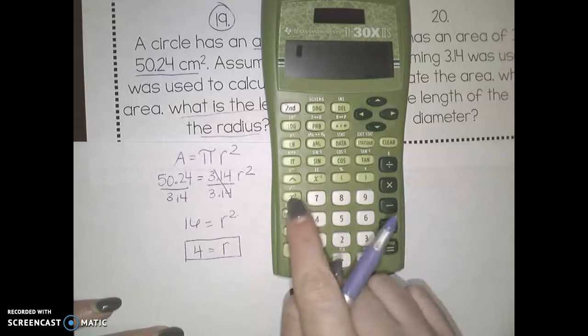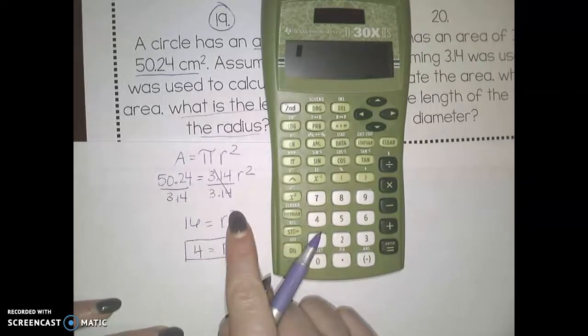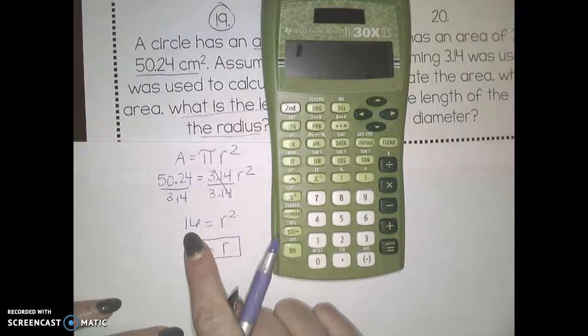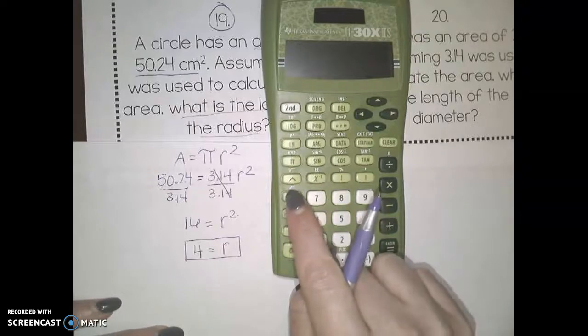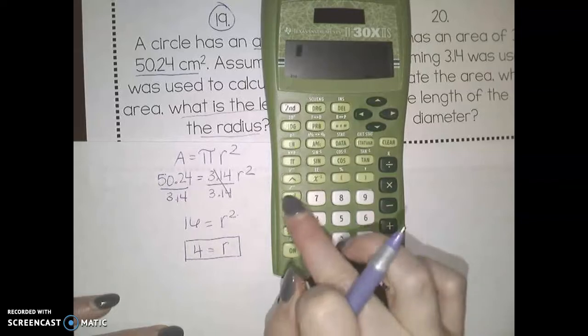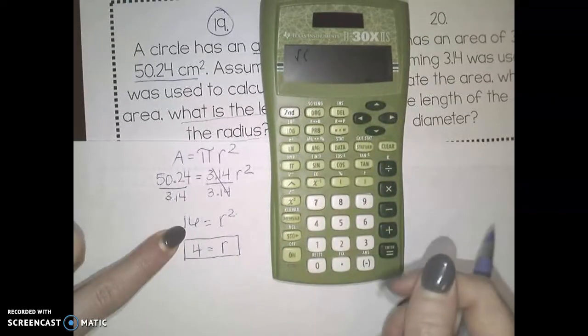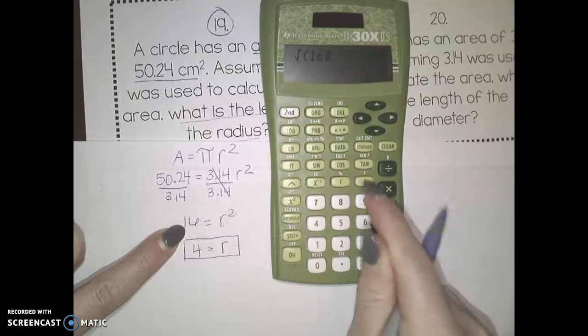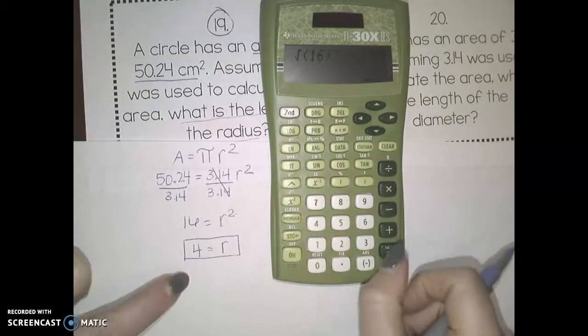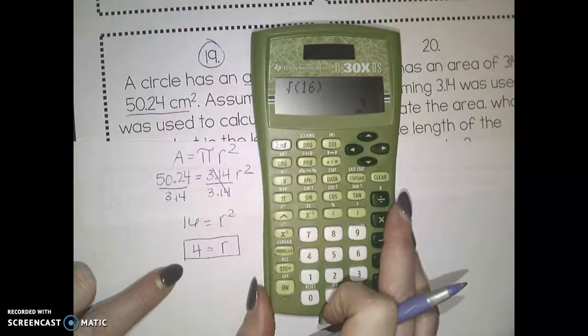So with the square root, I want to know what number before it was squared was 16. Anytime we want to get something that's above our key, we push that second button. So I'm going to push second and my squared button, and you're going to get that little square root symbol. I want to find the square root of 16, and I'm going to close my parentheses. If you push enter, it will give you that 4. Does that make sense, guys?